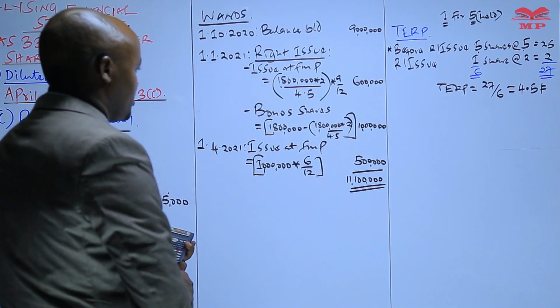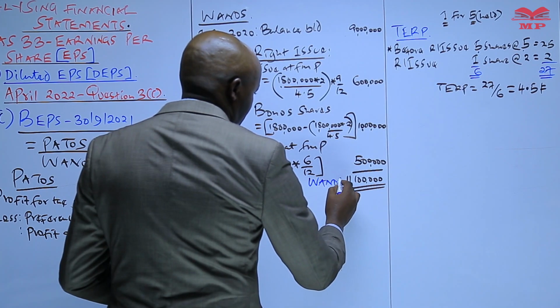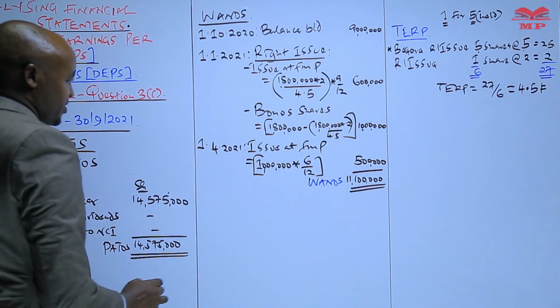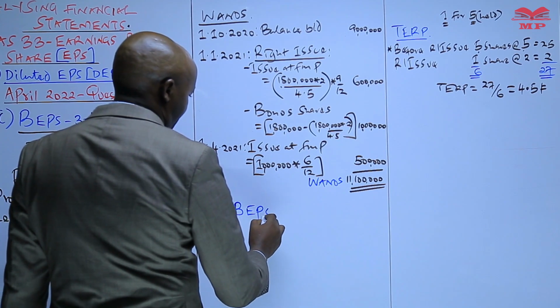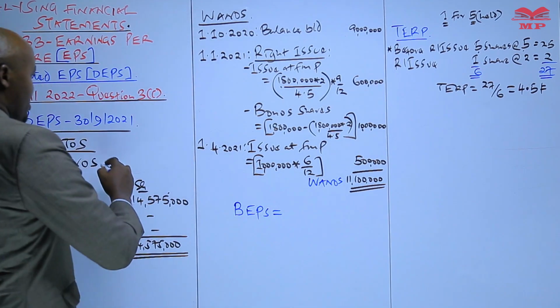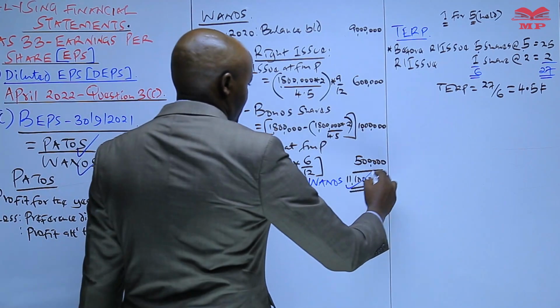Yes, having that, what do we need to do finally? We need to compute now. Remember, this is our weighted average number of ordinary shares. So we need to compute now the basic earnings per share, because we have the 2 items we require. So we have the PATOS there, and then we also have the one-offs there.